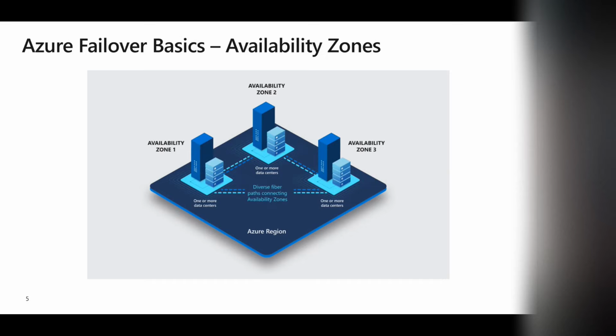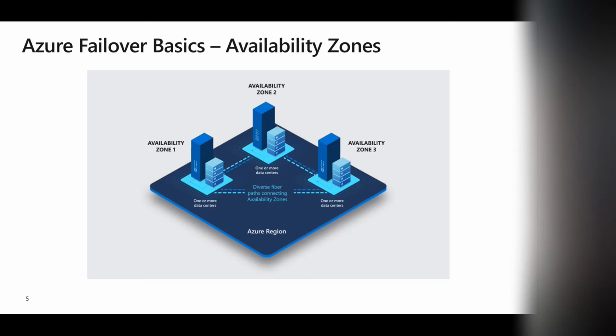But coming back to our discussion here, each availability zone has a separate network and power provider. So let's say one of the network providers or power providers goes down, that zone may be dark, but other zones are functioning.